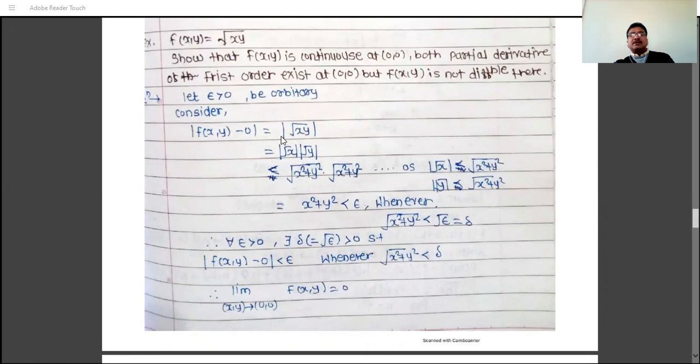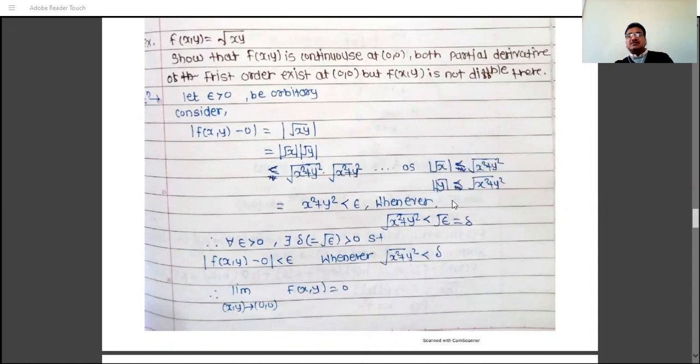Consider mod of f(x,y) minus 0, which is equal to mod of root of x into y, which is mod root x into mod root y, because mod of a into b is equal to mod a into mod b. This is less than or equal to mod root x. Actually mod x is less than or equal to root of x square plus y square, and so this mod root x is less than or equal to root of x square plus y square.